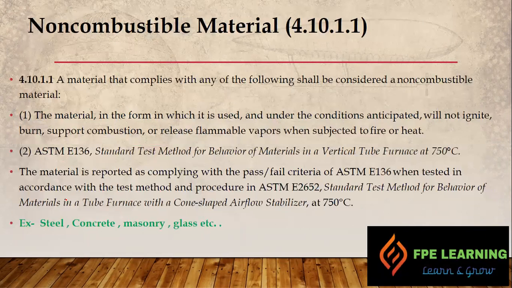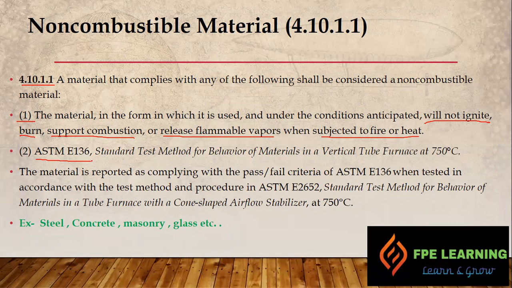Okay, so as I said, non-combustible materials and limited combustible materials. Those definitions are in section 4.10.1.1 of NFPA 13. A material that complies with any of the following shall be considered non-combustible material. The first point: the material will not ignite, burn, support combustion or release flammable vapors when subjected to fire or heat. And the second: it should be as per ASTM E136, which is the standard test method for behavior of materials in a vertical tube furnace at 750 degrees Celsius.